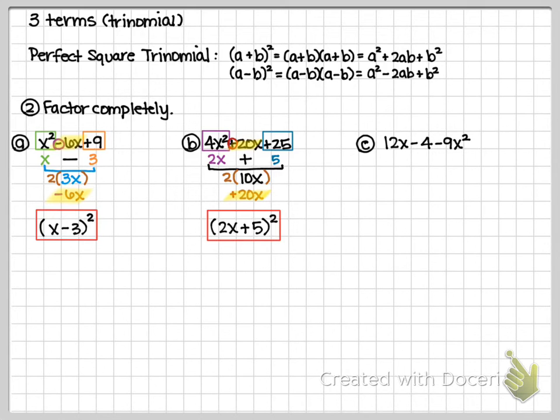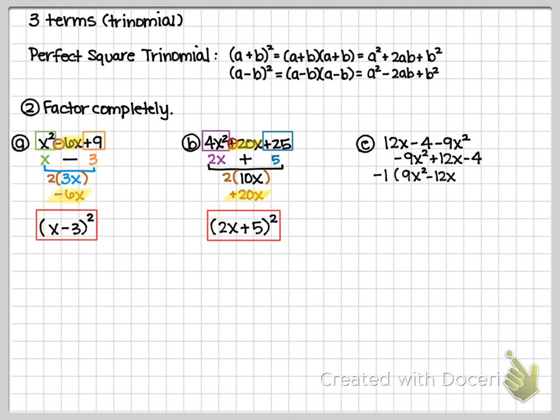Okay, now this one, C, is kind of a mess, so let's reorganize this thing. We want to put it in descending order, so I'm going to put my negative 9x squared first, my 12x second, and then my negative 4. Okay, GCF, I'm still looking at that. Yeah, I think I'm going to take out a negative 1, so the 9x squared becomes positive.